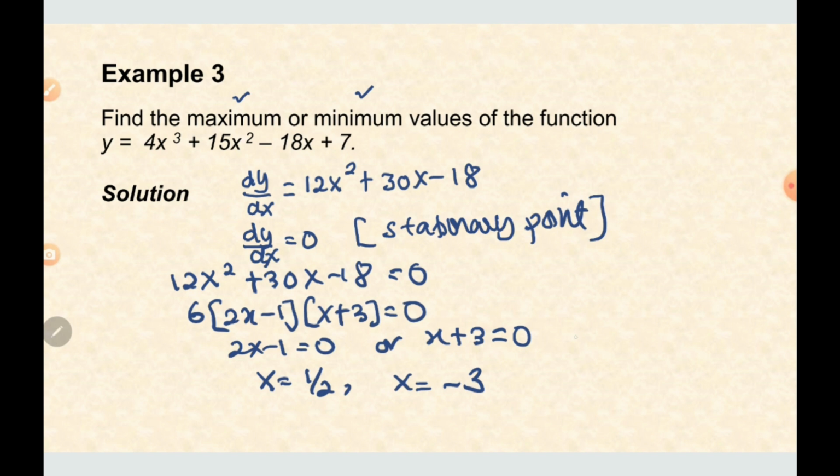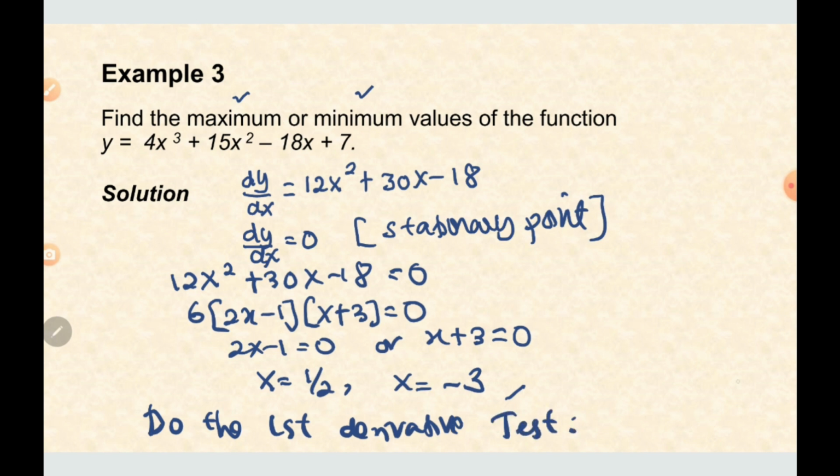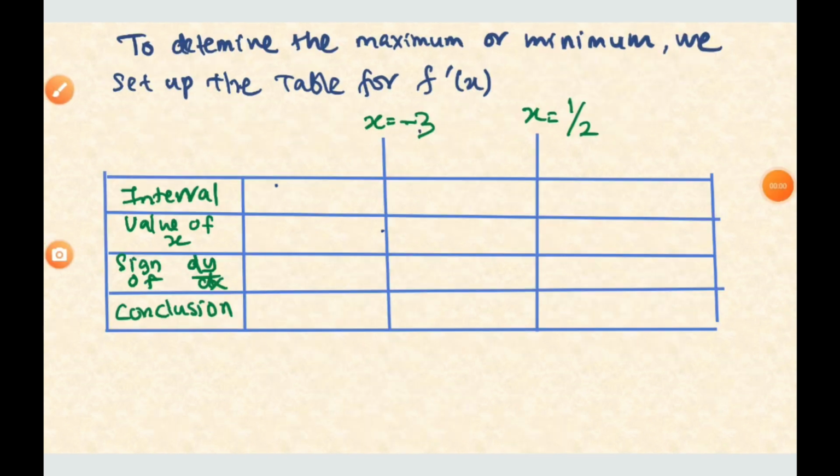So we have to determine which one is the maximum and which is the minimum. So we need to do the first derivative test. We will construct a table. To determine the maximum or the minimum point, we need to set up the table for f prime x first.